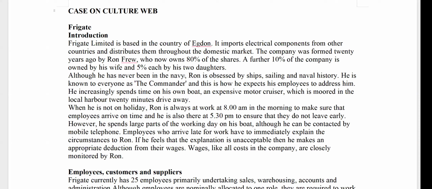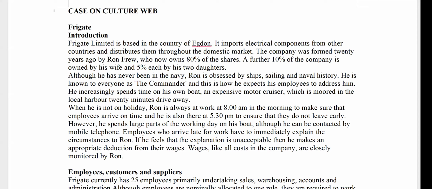Frigate Limited is based in the country of Egdon. It imports electrical components from other countries and distributes them throughout the domestic markets. The company was formed 20 years ago by Ron Renfrew, who now owns 80% of the shares.